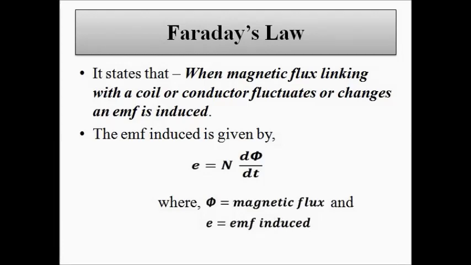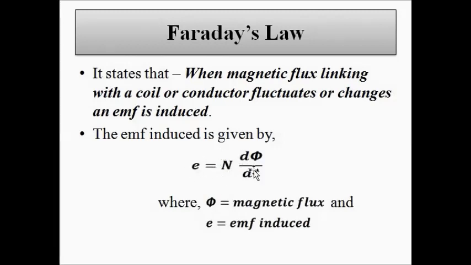So this is Faraday's law, which involves the flux linkage associated with the electrical parameter E, and the mathematical expression that is given is this: N dφ/dt. E is the EMF induced, φ is the flux, and N is the number of turns of coil.